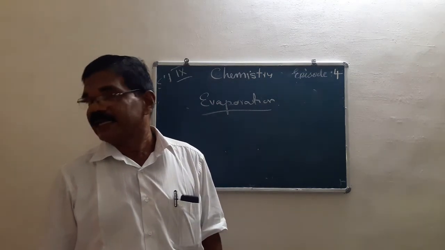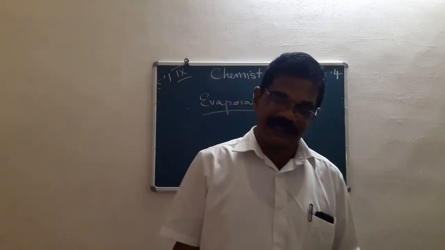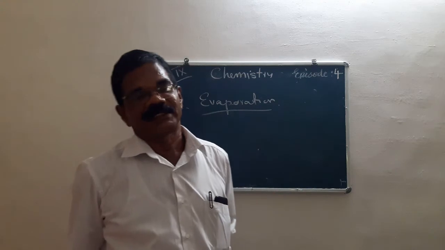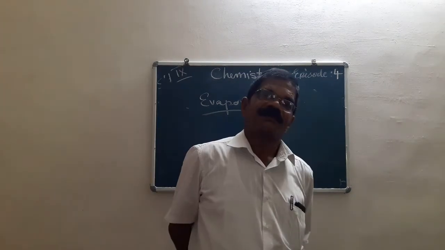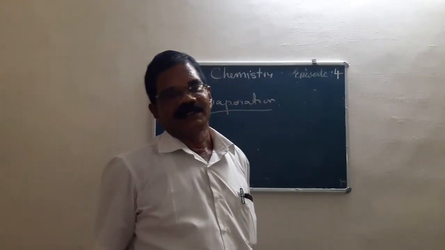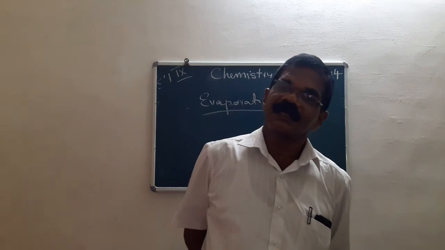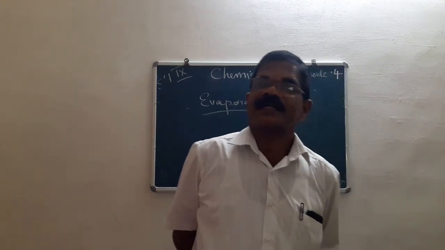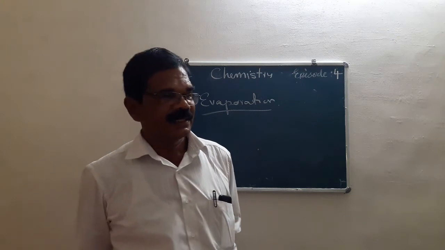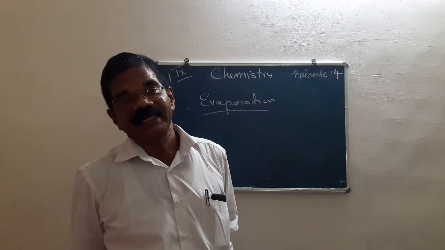How can we dry clothes very quickly in the rainy season? You return home after school at 6 or 7 o'clock. Consider you have only one uniform, and the next morning you have to wear it. How can we wash and dry the uniform very quickly? After washing your uniform, what do you do? There are two things. You spread it.